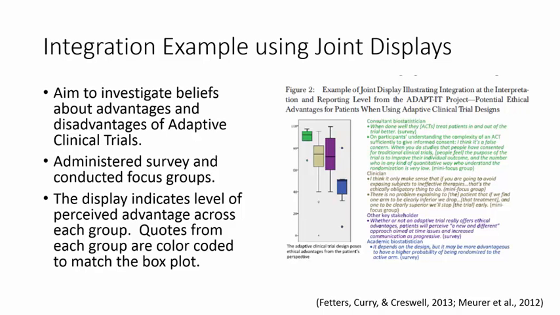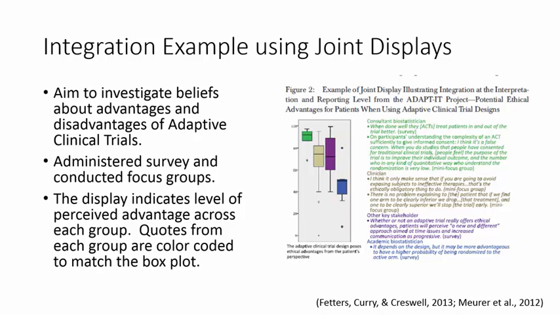In this study, they were investigating beliefs about the advantages and disadvantages of adaptive clinical trials. They did a survey and conducted focus groups with different stakeholders. In this display, the quantitative data, looking at the level of advantage, is shown with a box plot across each of these groups.